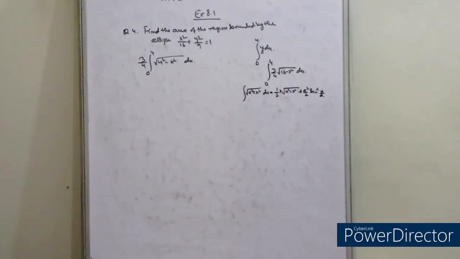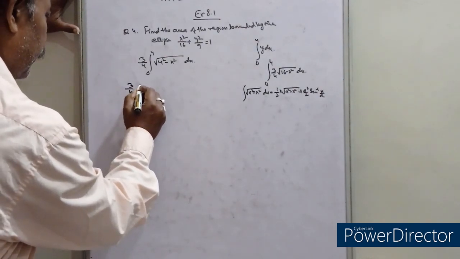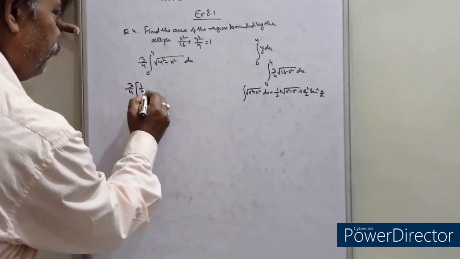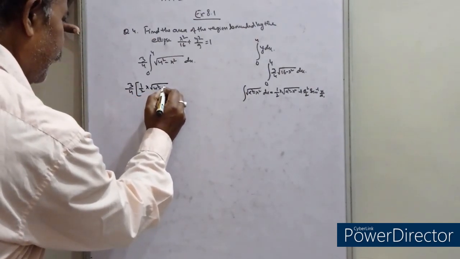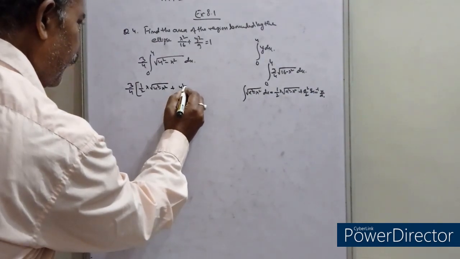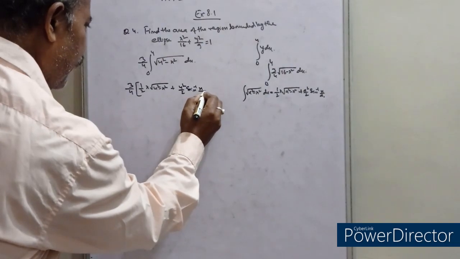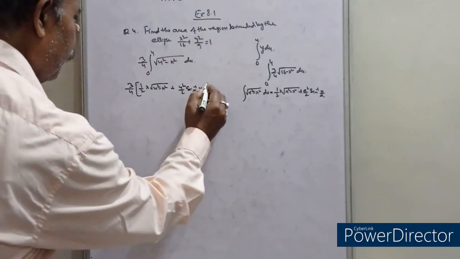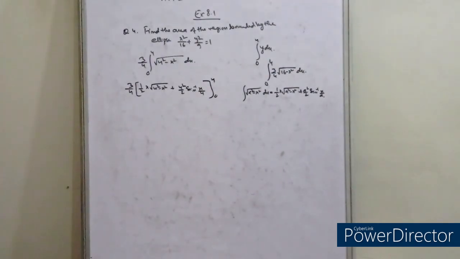So here your a is 4, so this will be 3 by 4 into 1 by 2 x root over 4 square minus x square, plus 4 square by 2 sine inverse x by 4, from 0 to 4, because a is 4.